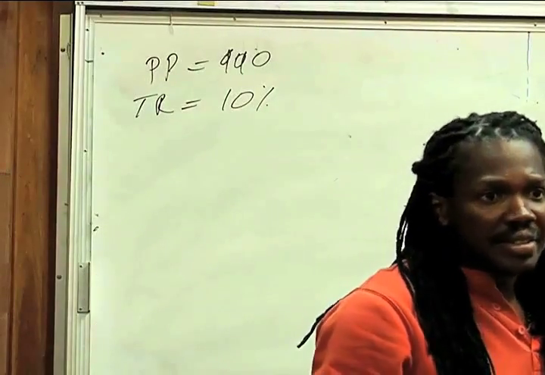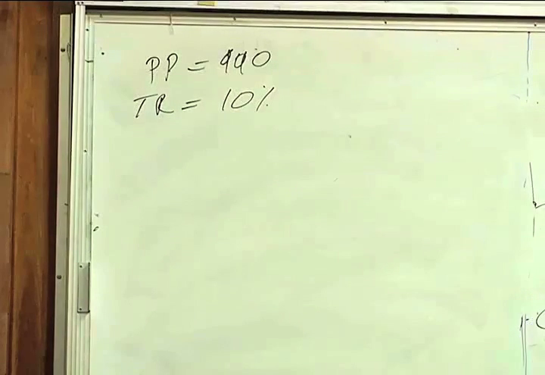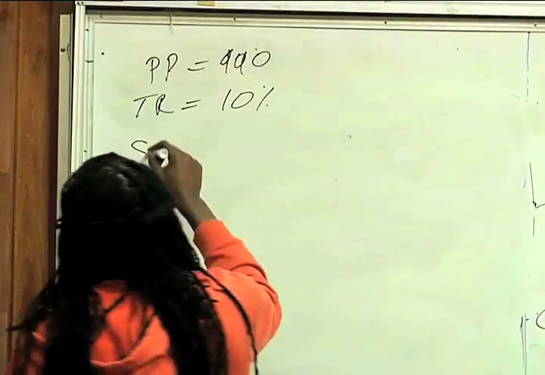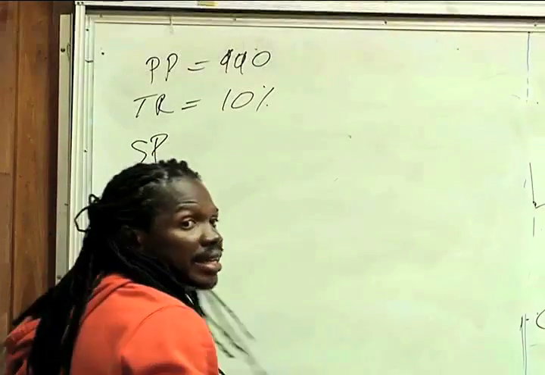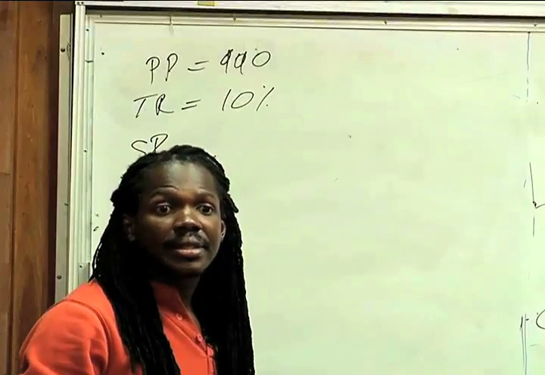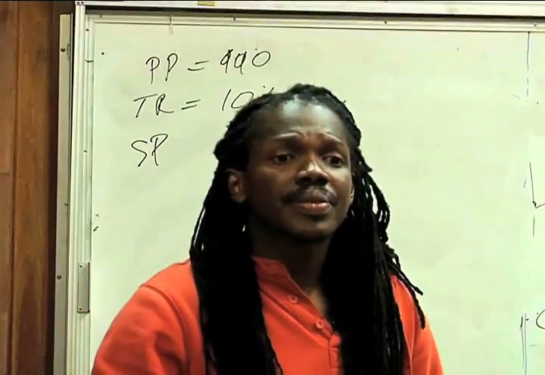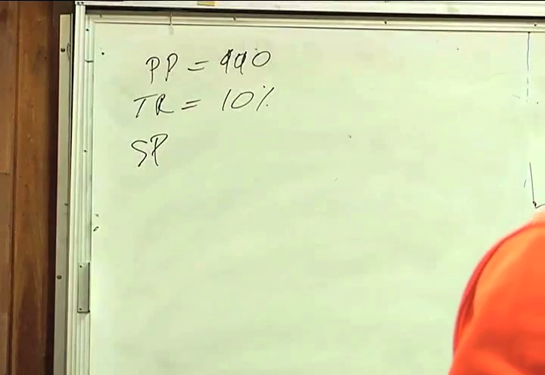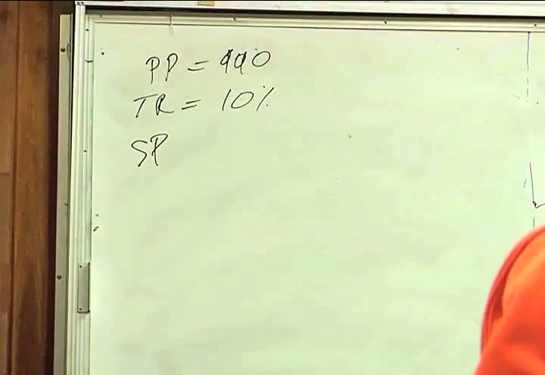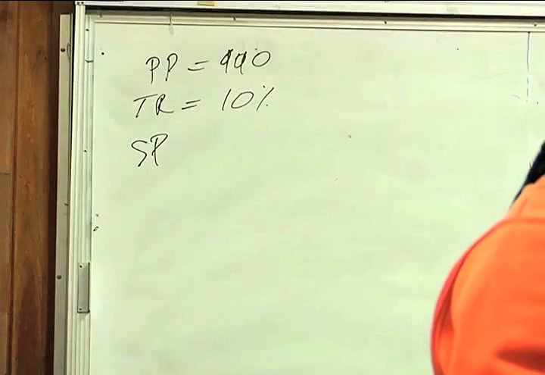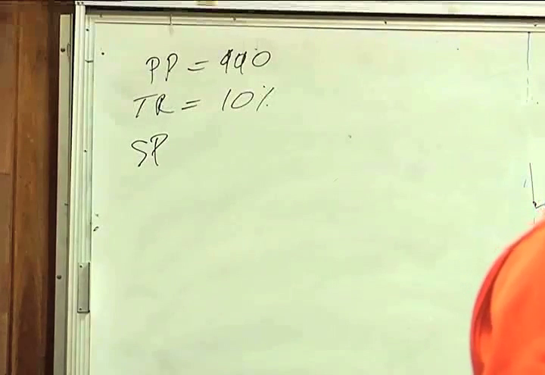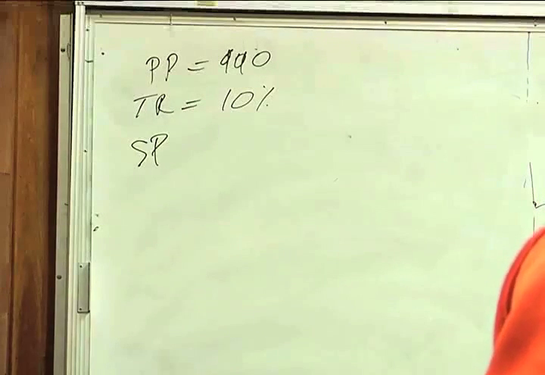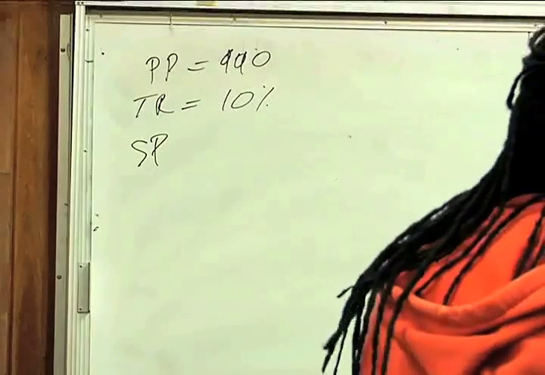So what do we want to find? We want to find selling price. Where do you get 100 from? No, man. Follow me, man. What you know, not what you look for. What you know. Alright, watch me now.